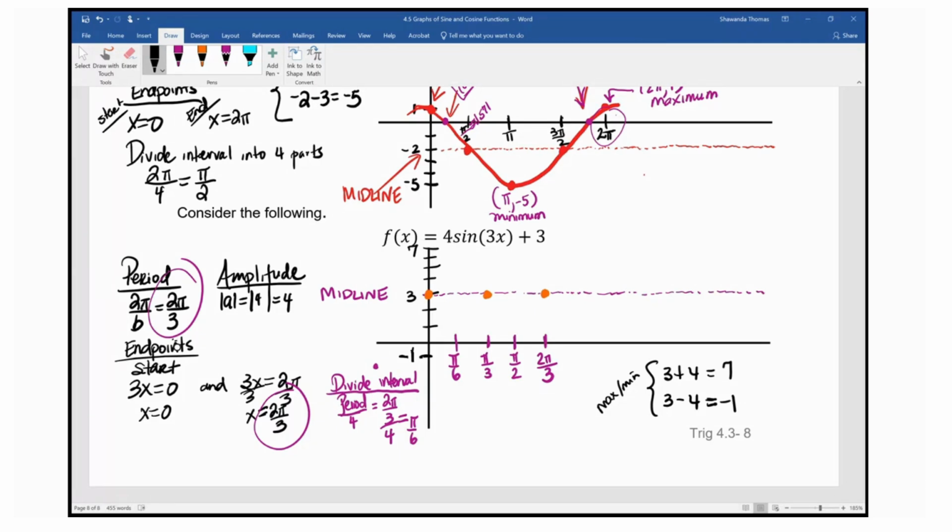So in between these key points that we have right here, for the first 2 points, we're going to go up to 7. Let's change my color if it will let me. We're going to go up to 7, and then for the points between the last 2 points that we just plotted, we're going to go down to -1 since that's our minimum.